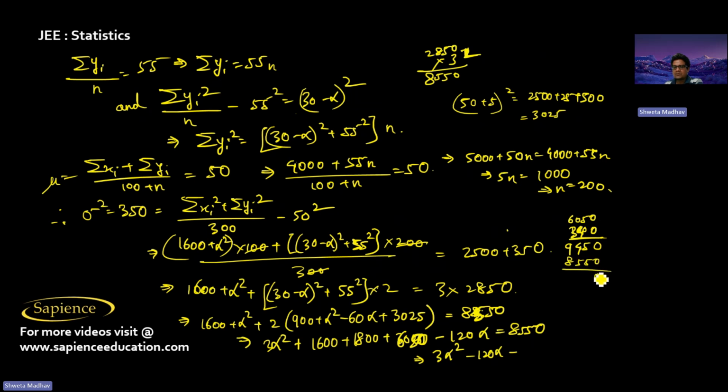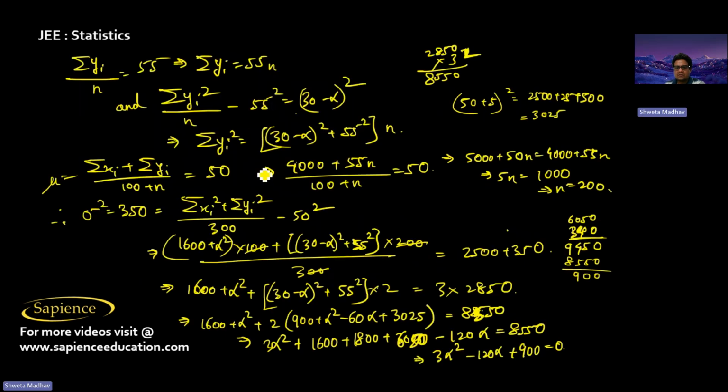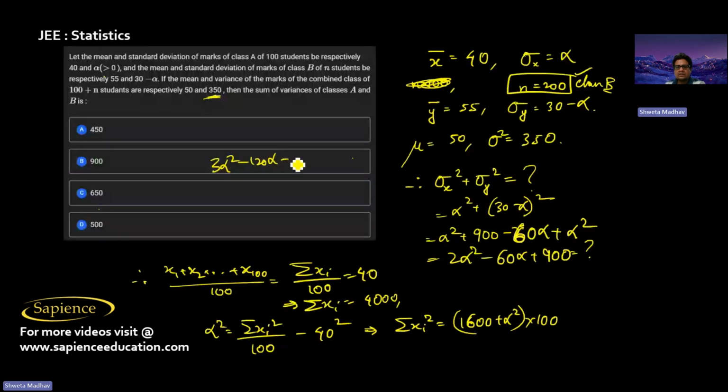So this will become 900, that is equal to 0. So I can say we have got 3 alpha square minus 120 alpha plus 900 equal to 0. That means alpha square minus 40 alpha plus 300 equal to 0. So I can say (alpha minus 30) into (alpha minus 10) equals 0.